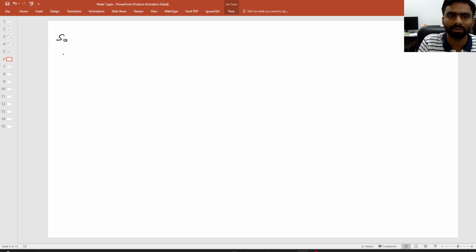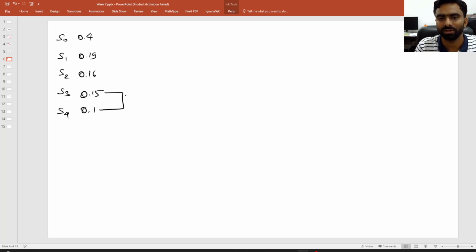So S0, S1, S2, S3, and S4: 0.4, 0.19, 0.16, 0.15, and 0.1. We have already done the first step, decreasing order of the probability. Fuse the symbols with the lowest probabilities, 0.15 and 0.1, add the probabilities to get 0.25, and assign two bits, that is 1 and 0.